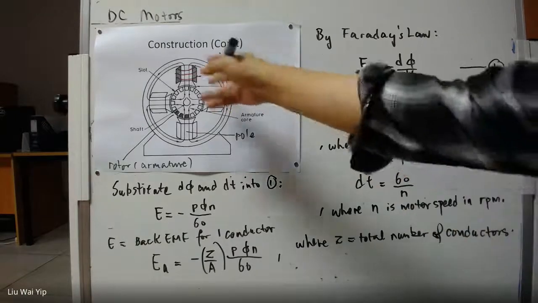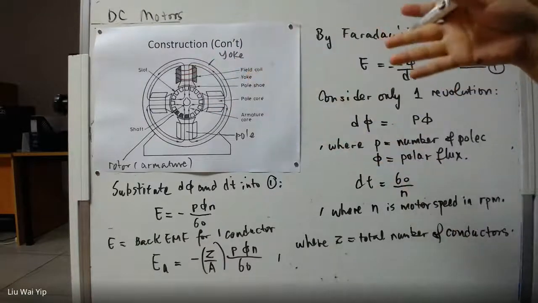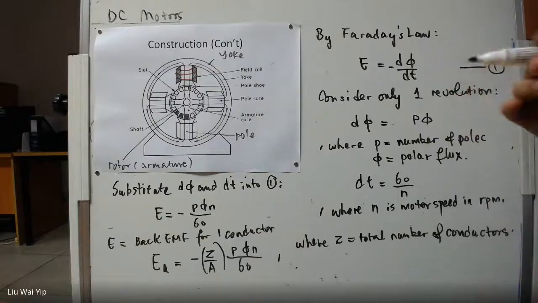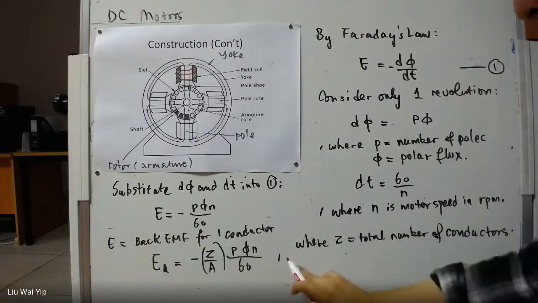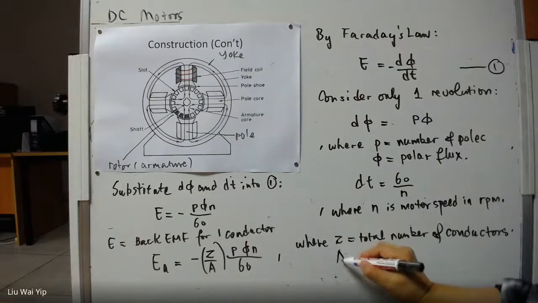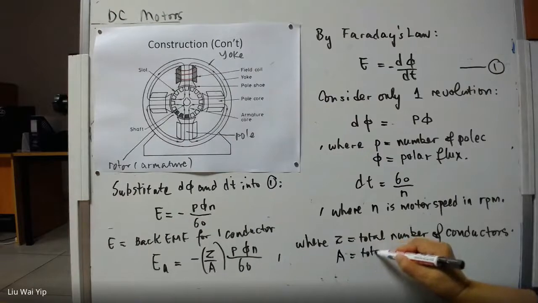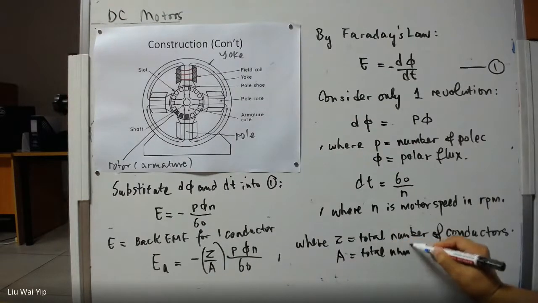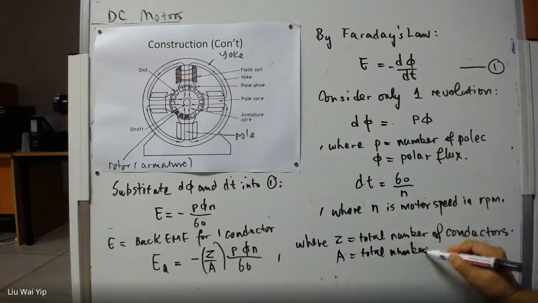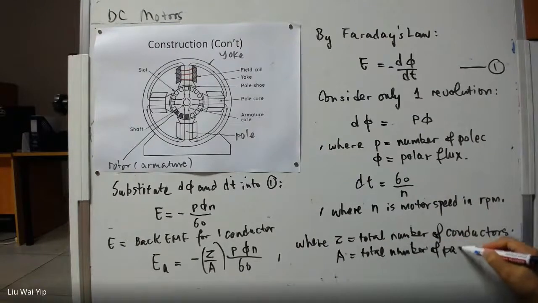You have the total number of conductors here, but some of the conductors get shorted together because of the parallel paths. So you also need to say A is the total number of parallel paths. Now, if you have this piece of information, then it's pretty much enough.